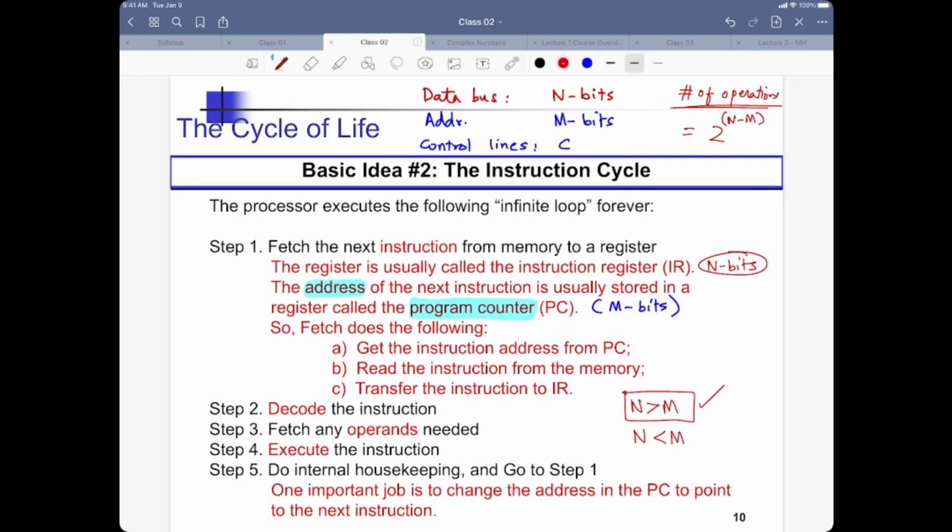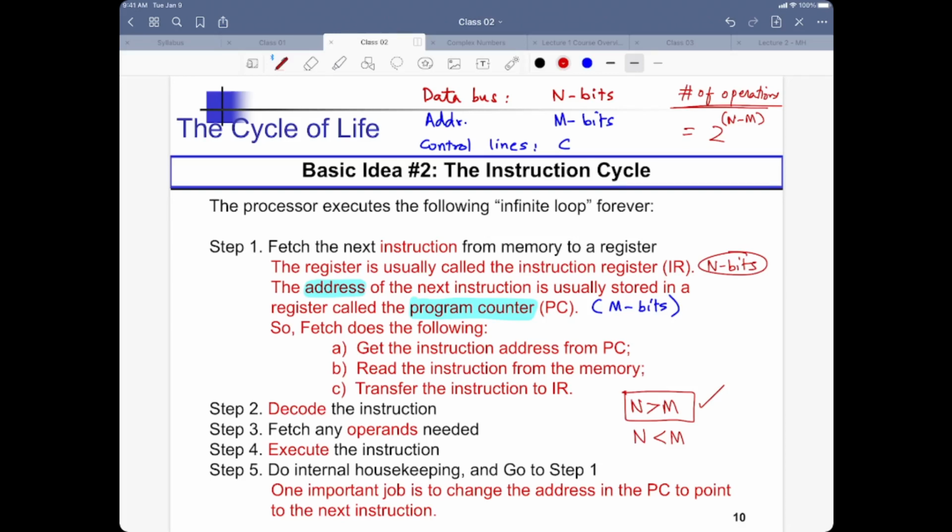Bring one number from the memory, bring the second number, and do the addition. All right, no questions right now. Move on. Fetch any operands as needed. Like I said, step 3 may be applicable for most of the instructions, may not be applicable for some of them. Step 4, execute the instruction.